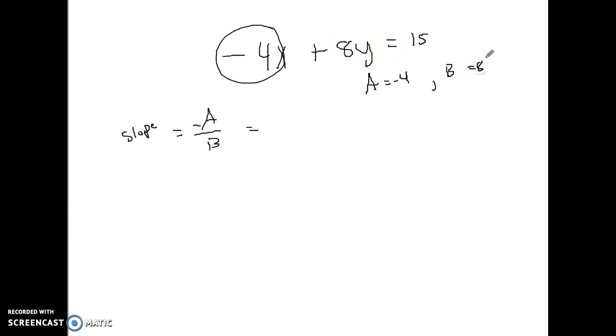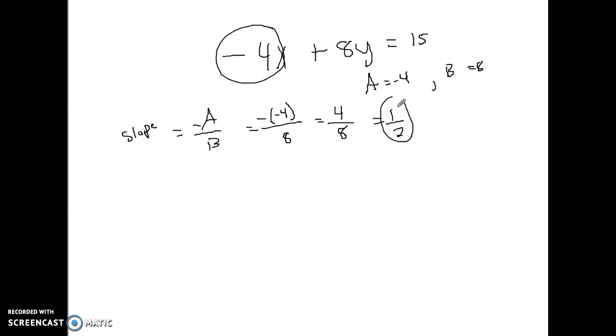So when you're plugging them in, this negative is not the same as this negative. So think about it as putting that negative first and then negative 4 over b, which is 8. 2 negatives here make it a positive. You can also read this as the opposite of a negative 4 is a positive 4, or 2 negatives make it positive. So these 2 negatives cancel each other out to be a positive 4/8, which simplifies to 1/2.